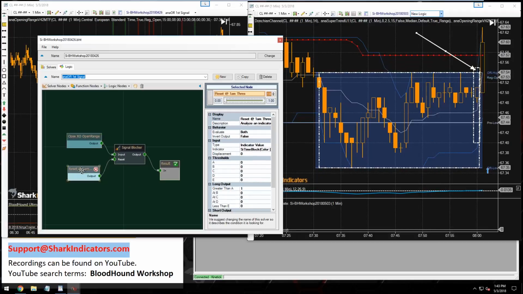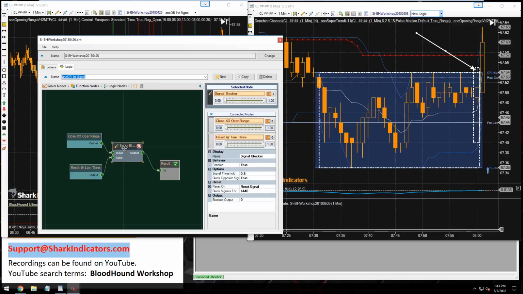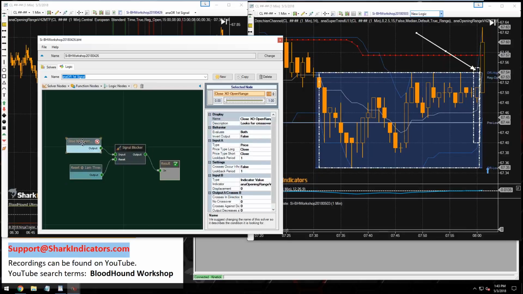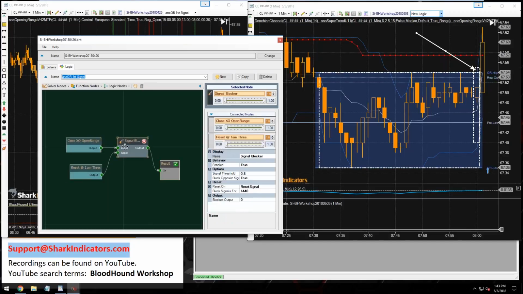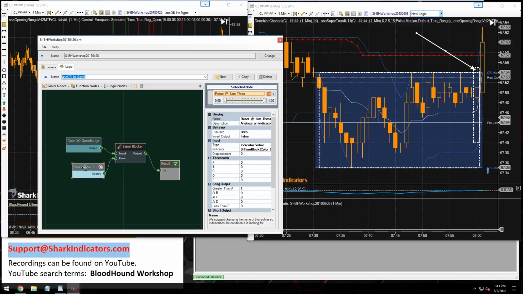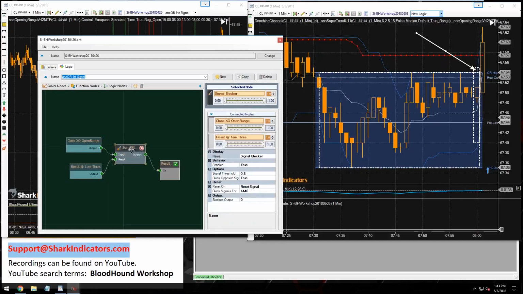Then I had a threshold solver that resets the signal blocker. So I had a crossover solver going into a signal blocker, and then another node which resets the signal blocker.